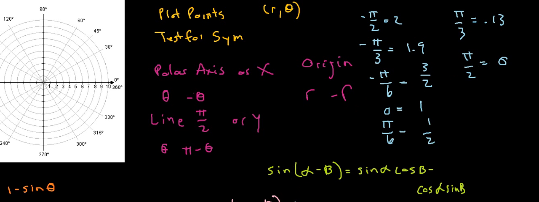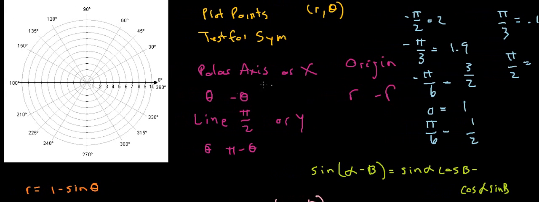Okay. So I got these points now. Let me change the scale. It's going to be too small otherwise. Okay, so I'll just kind of double it. How many do I got?